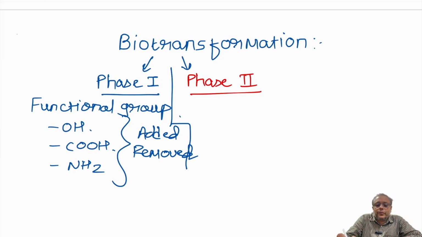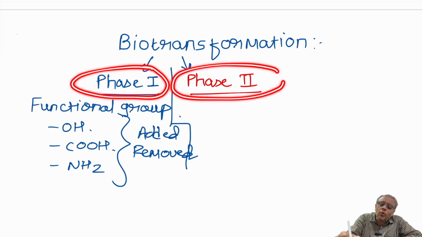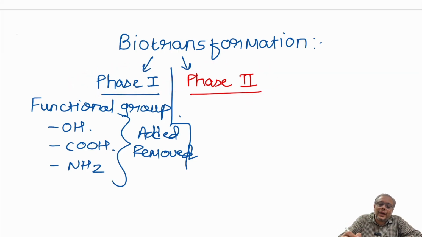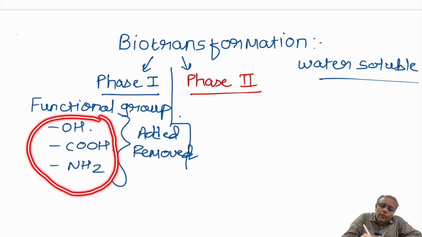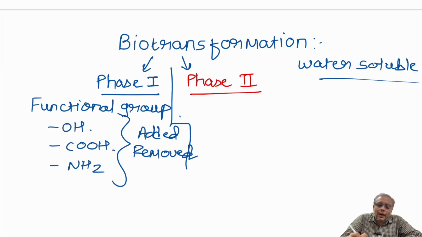And again, the one thing that is clear for both phase 1 and phase 2 biotransformation reaction is to make the drug more water soluble, and hence in the phase 1 reaction all these polar groups, they have been added.